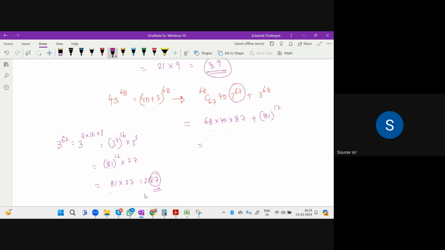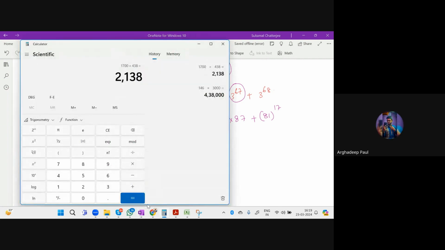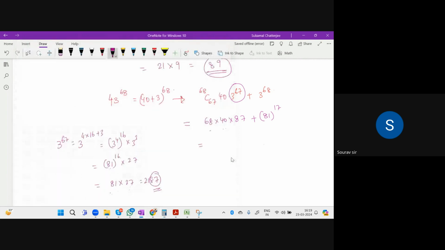So 68 into 40 into 87 gives you 236640. So you get 40 in the end. Plus 81 to the power 17.